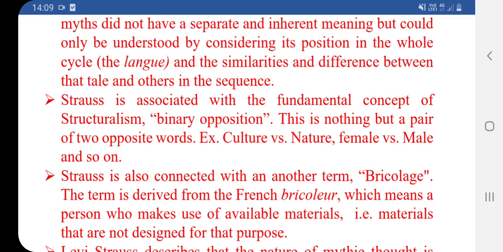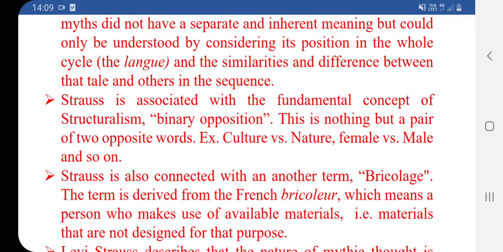If you want to know it better in an elaborate manner, then just refer to my previous videos. I have made a separate video on binary opposition. You can watch that.